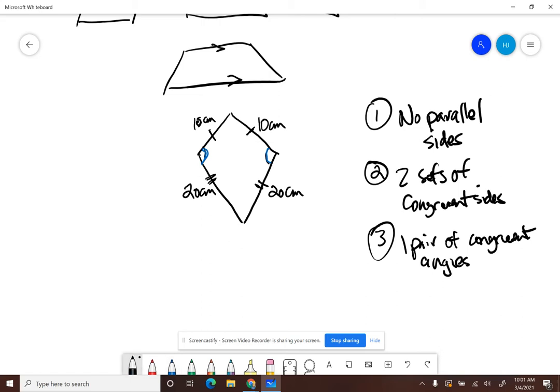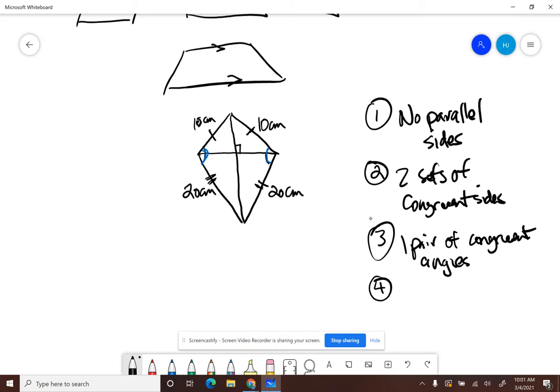So now let's talk about what if we draw diagonals in on this, okay? So I'm going to draw a diagonal across here and a diagonal down this way. Now, just by looking at that, do you see anything maybe that could possibly be another characteristic here of a kite? And if you look really close, you can kind of see here that we would have a right angle right here.